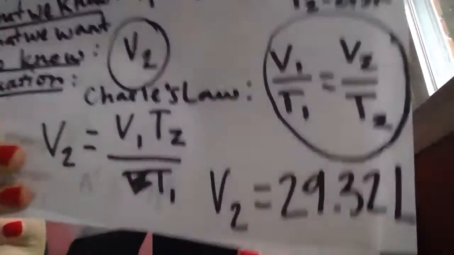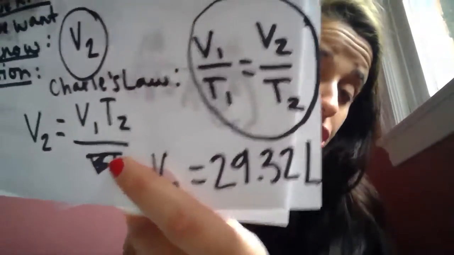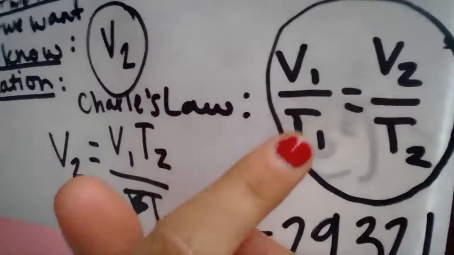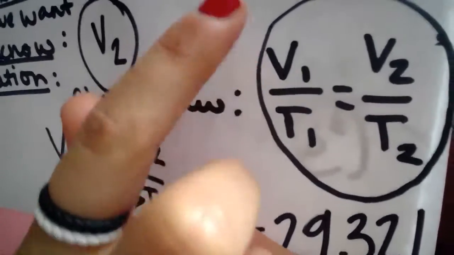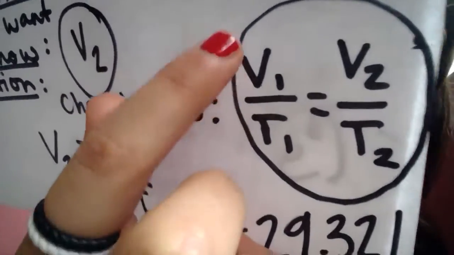And then just to double check that this number makes sense, we look at the relationship between volume and temperature given by Charles's law. As volume goes up or down, temperature does the same. So as volume goes up, temperature goes up, and if temperature goes up, volume goes up.